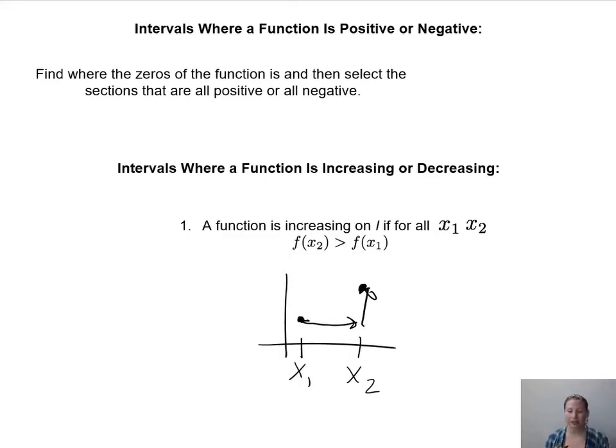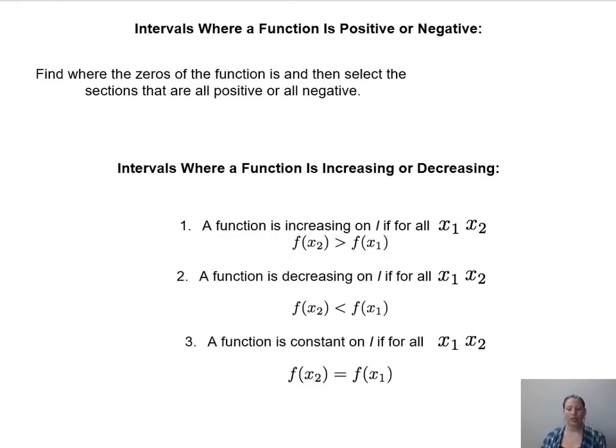There's kind of a hidden third thing we need to think about. When a function is not increasing or decreasing, we call it constant. It's not changing, it's consistent. A function is constant on the interval I if for all x1 and x2, the function equals, right? It has the same y values. So again, let's think about the graph. We have our x1.